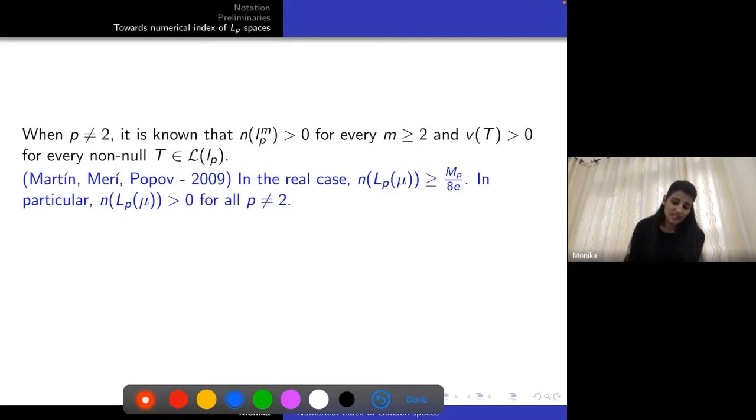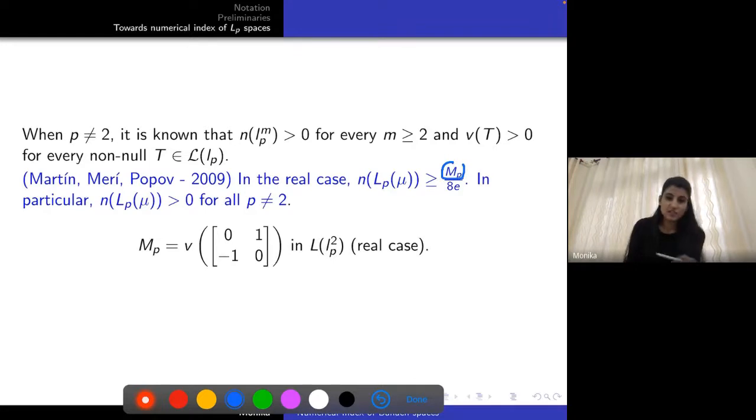And the M_p we are talking about here, and we mentioned M_p in the previous slide also, is actually the numerical radius of the matrix (0, 1; -1, 0) in the real case.